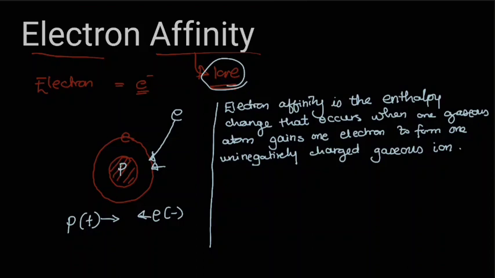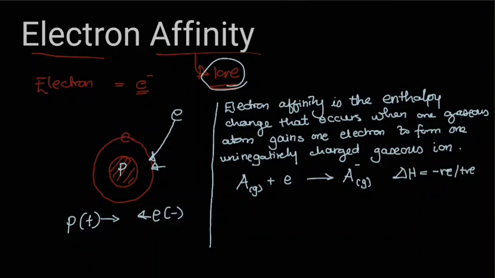Now, if you write it in equation form, assuming I have an atom, say A, in gas form, I'm going to add an electron to it. The resultant will be A negative, still in gaseous form. And this is what we are referring to, this enthalpy change, as negative or positive.